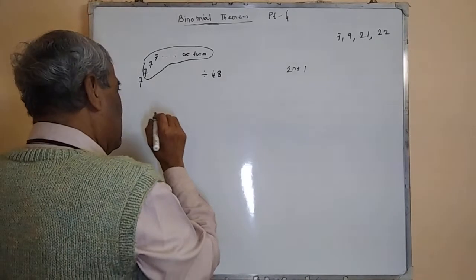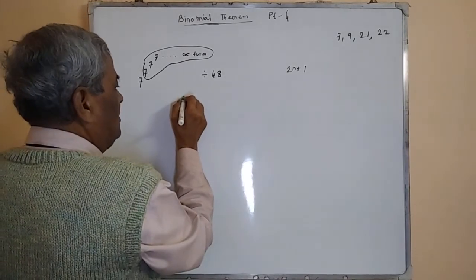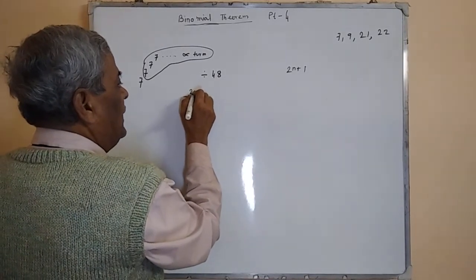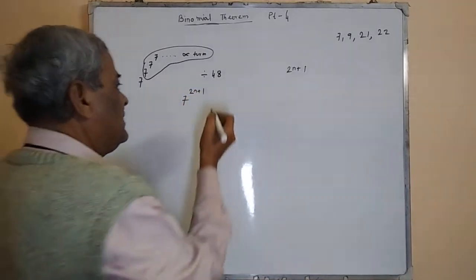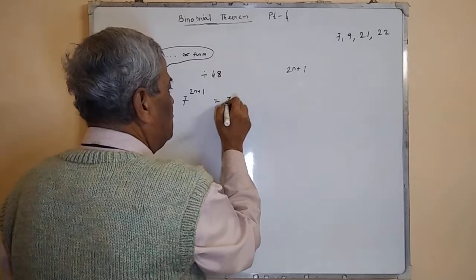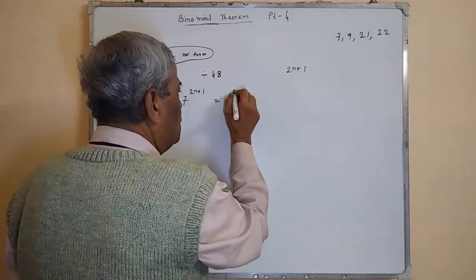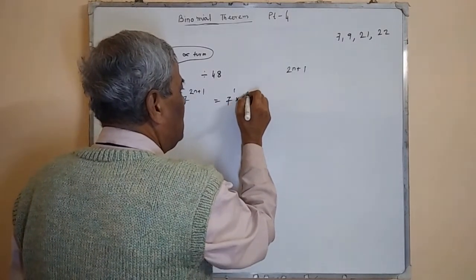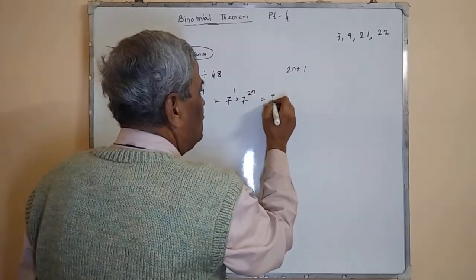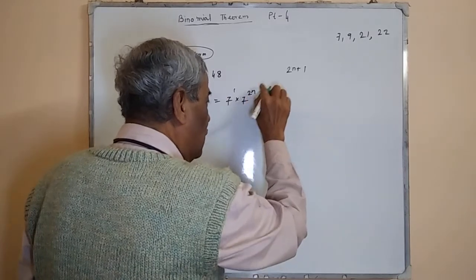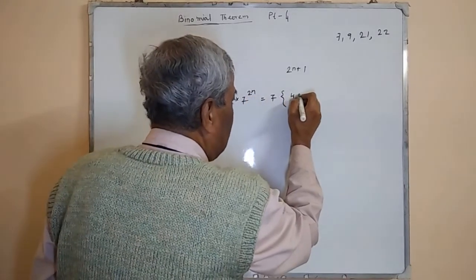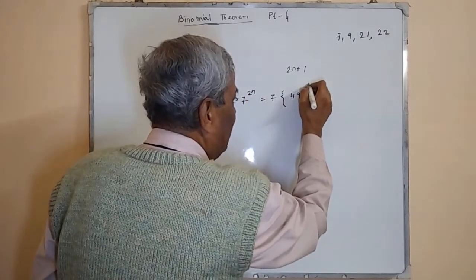So the given number is of the type 7 to the power 2n plus 1, where n is any integer. So this is equal to 7 to the power 1 into 7 to the power 2n, which is equal to 7 into (7 square) whole to the power n, 49 to the power n.